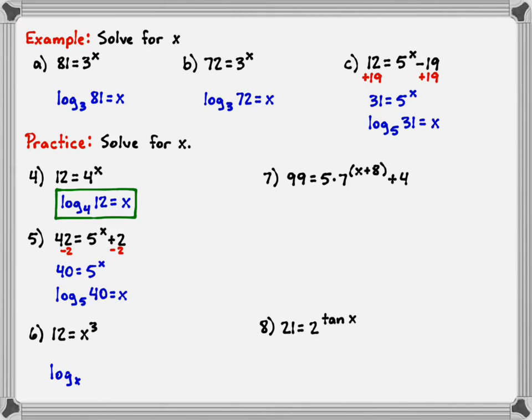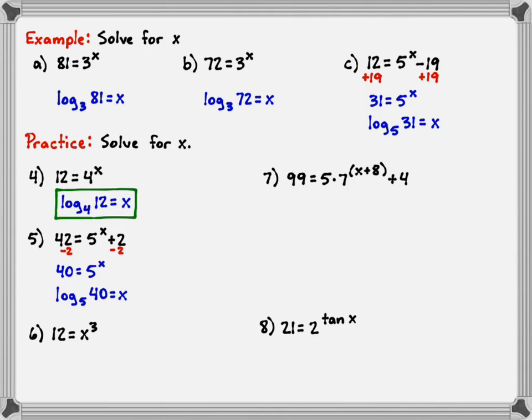And that would be of 12, and then equals the exponent. In this case, the exponent is 3. So this equation is an absolutely true equation. The problem with this equation is that it didn't get x by itself. So we don't want to use that guy. That's not a good way to solve for x.